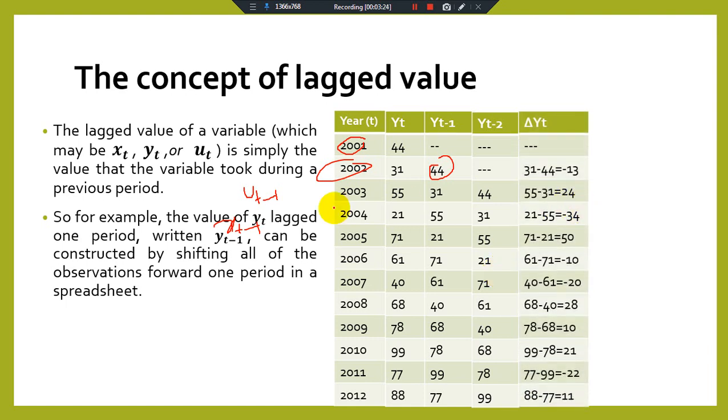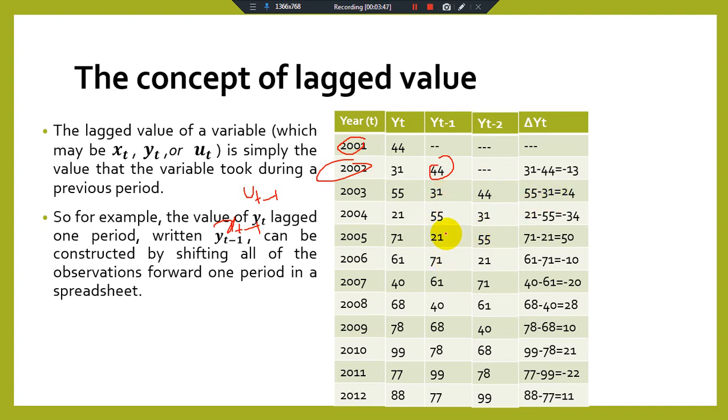Okay, now we are talking about the difference. When we are talking about the difference, it simply means you have to subtract the previous value from the next. So see, we have taken the first period lag. Now we subtract, 31 minus 24, 55 minus 31.